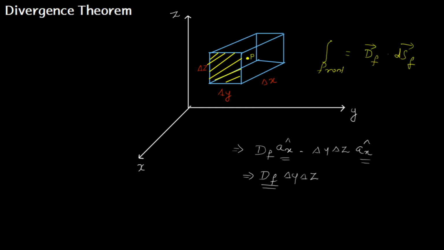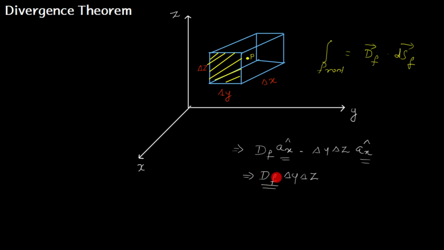Now I need to evaluate what Df is, that is, the flux coming out of the front surface. The evaluation of the total D over this surface is given by this equation, mathematically written as Df delta y delta z.